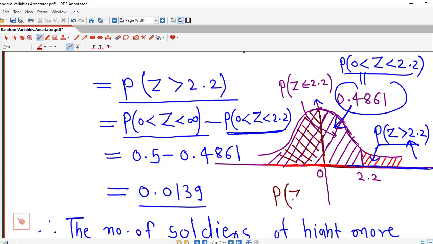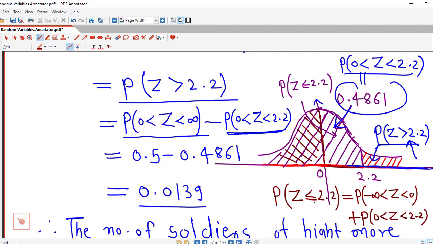So the probability that Z is less than or equal to 2.2 equals the area between minus infinity and 0 plus the area between 0 and 2.2. The area to the left side of the y-axis is 0.5. So we have 0.5 plus the area between 0 and 2.2.